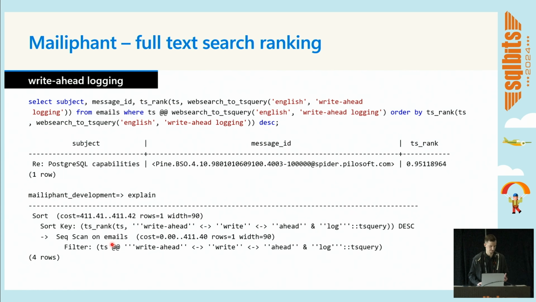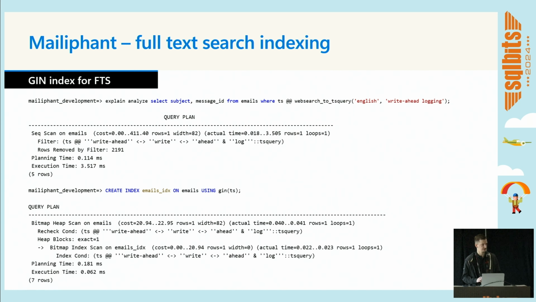So that's not good. So what you can do is indexing. And I hope this is big enough. This is another example with a full page scan. I didn't add an index here, but we have an index being created here using GIN on the TS column.